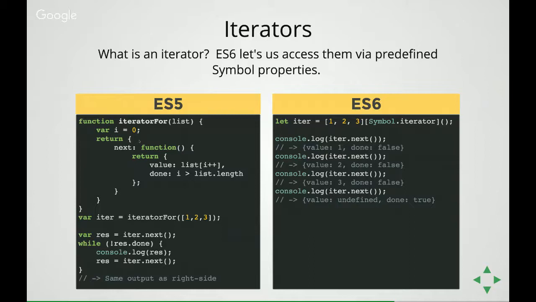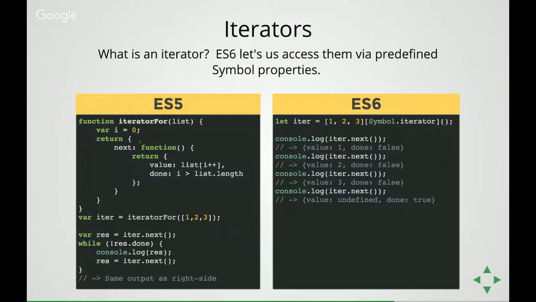If you call it, it's going to return you an iterator for that array. Then we can use it just like we did on the left-hand side and call next, next, next until we get done. We could continue calling next after that last one, and we'd still end up getting undefined true, undefined true, undefined true.